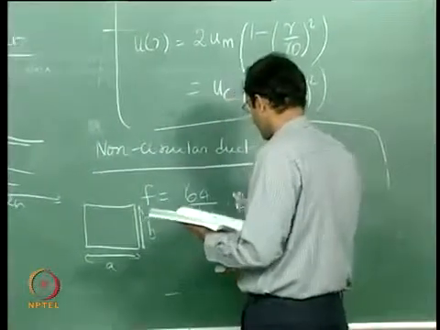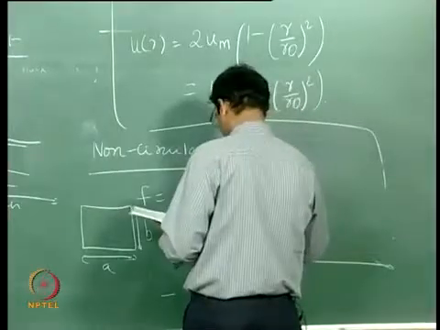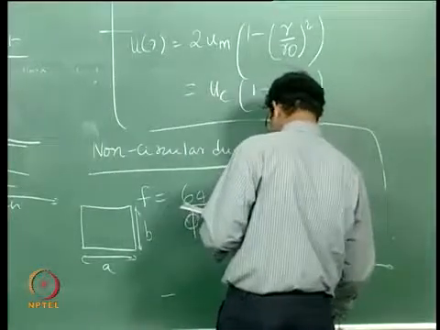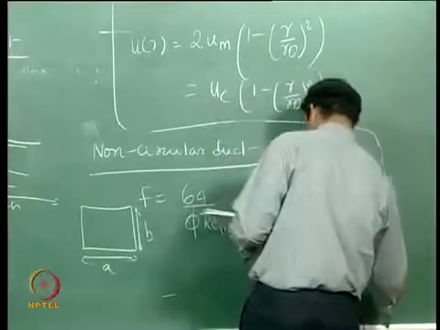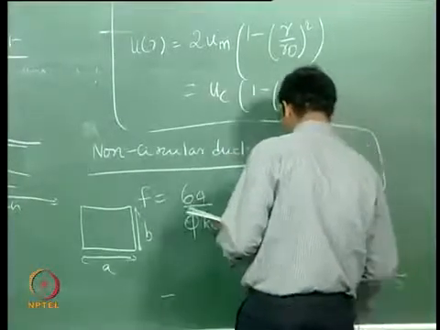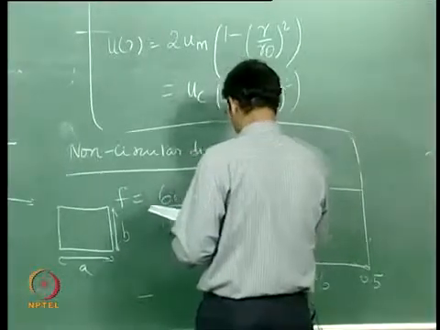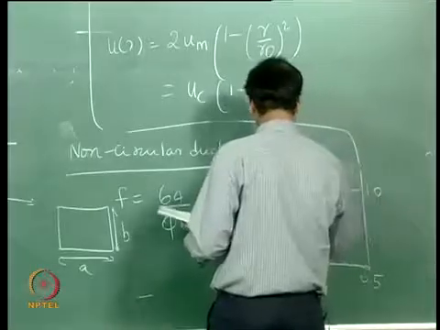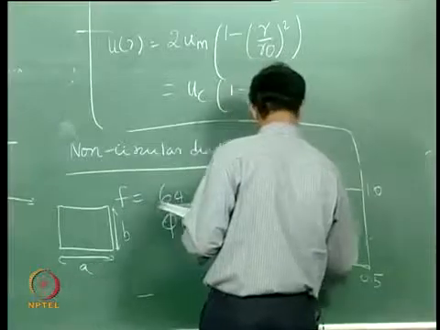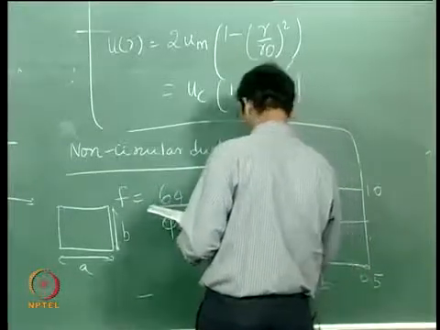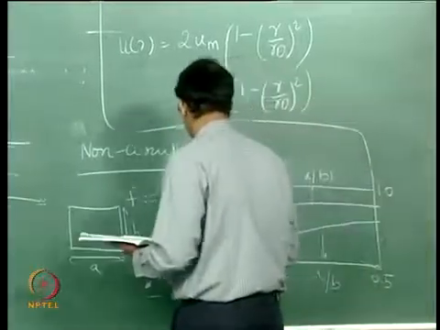Suppose you take a rectangular cross section, you can plot phi as a function of A by B. Say A by B going from 0 to 0.5, and on the top scale from 0.5 to 1. So you have a variation something like this corresponding to this, and another variation corresponding to A by B of 0.5 to 1.